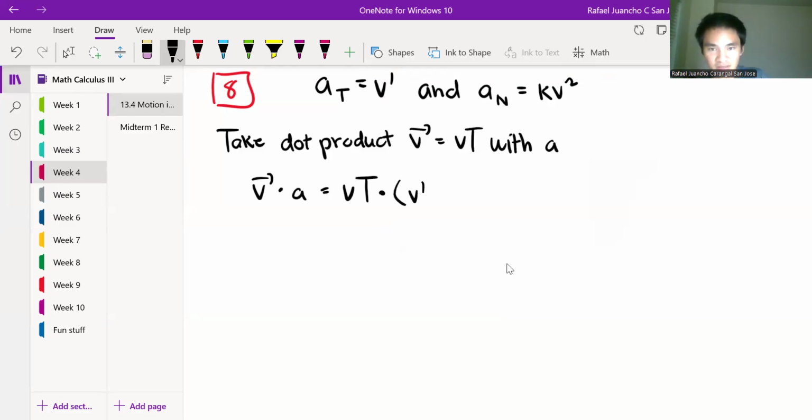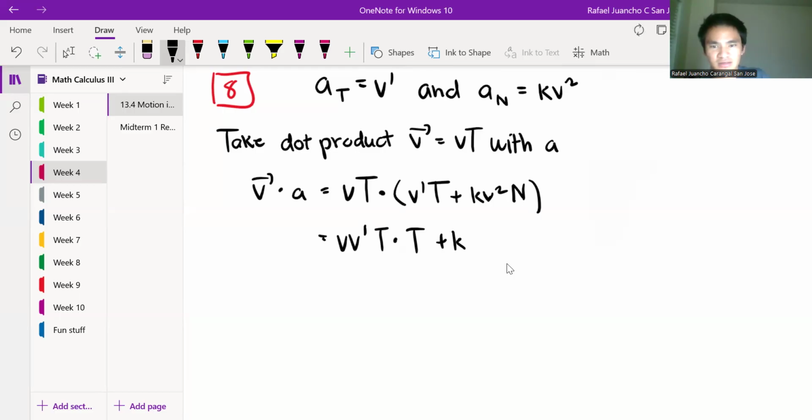We're going to do something in terms of a. So we're doing that instead. And then here we're actually going to get, if we manage to simplify this, v prime t dot t.